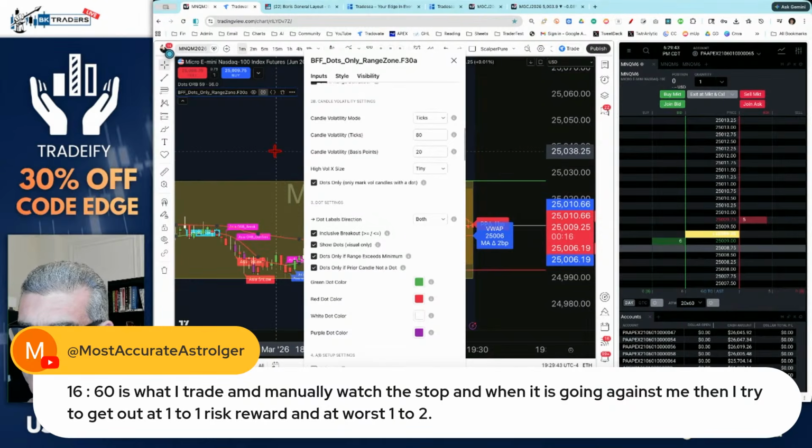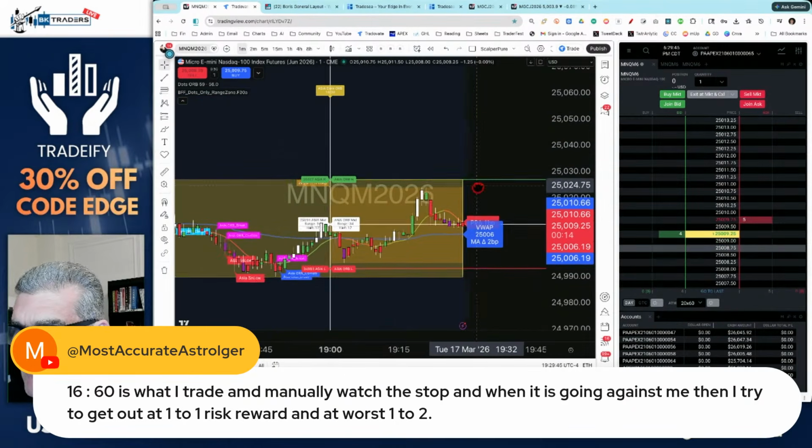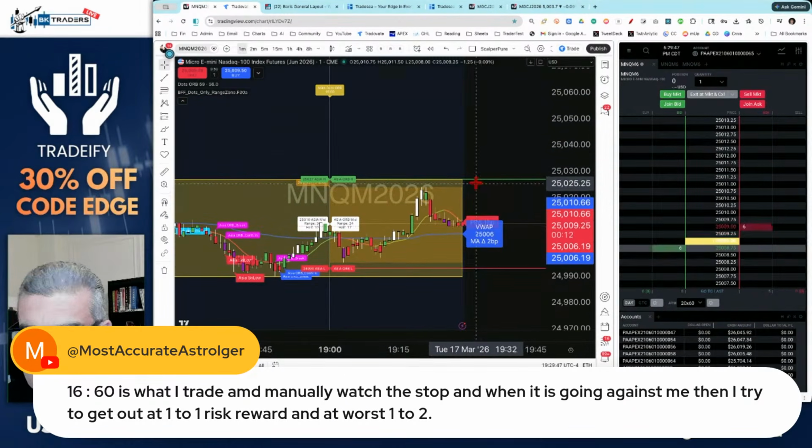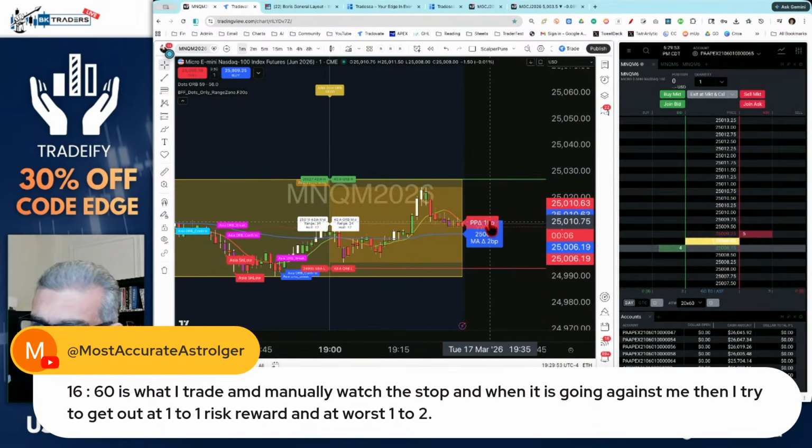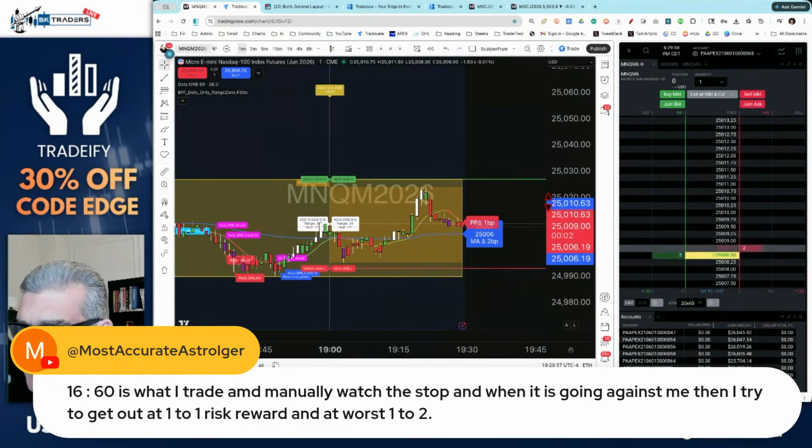All of those things are in here. That's only if the PP delta is 5 or higher and slope matches.